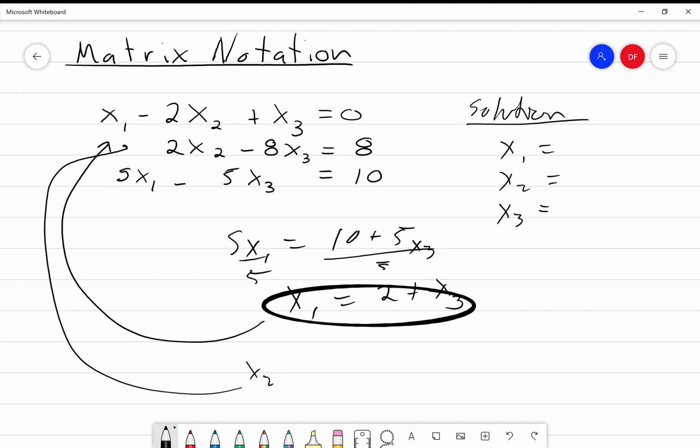But this method here is too long. It will take way too long to solve this system of equations using this method here. So we're going to develop a new method to solve this system of equations using what's going to be called a matrix.